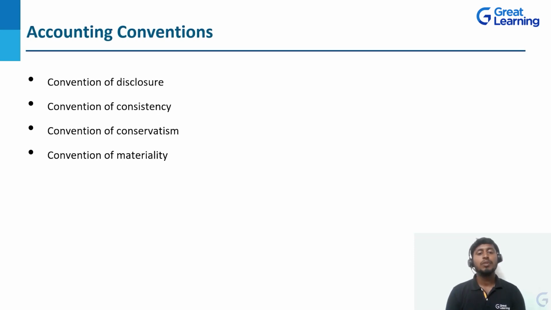Second point, convention of consistency. Consistency, you all know, means they need to maintain uniformity, correct? So convention of consistency is nothing but the company needs to maintain consistency in the method of accounting. When it comes to depreciation, we have the straight line method, WDV method, annuity method. The company needs to maintain uniformity.